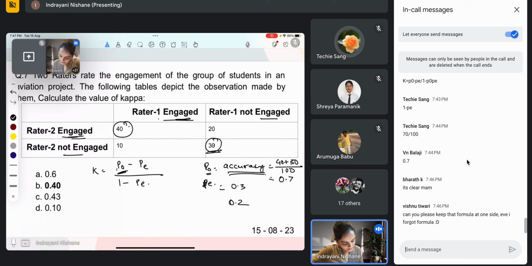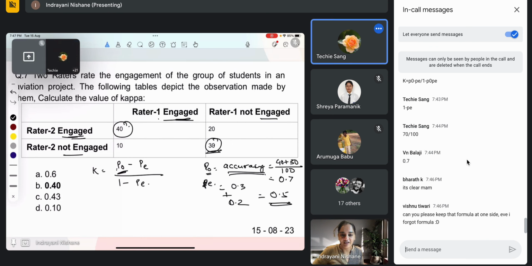It should be 0.5. I'm doing some mental calculations, I keep forgetting the formula. Yes, it is correct, ma'am. We add both and it will be 0.5, right?